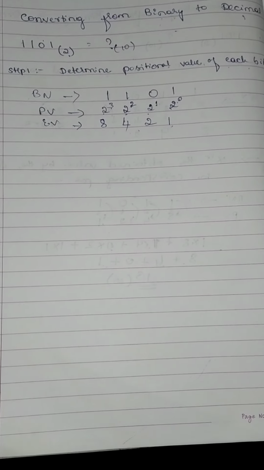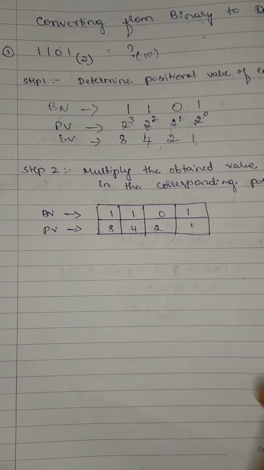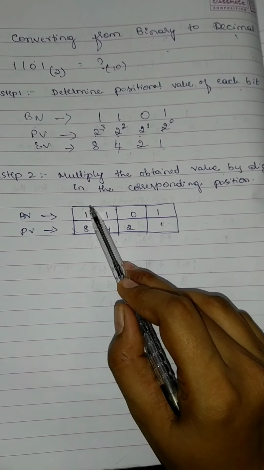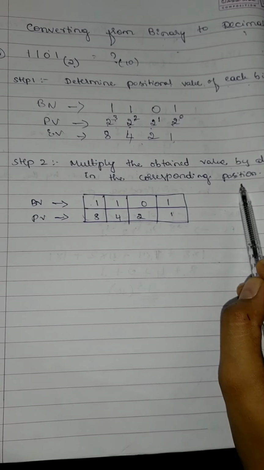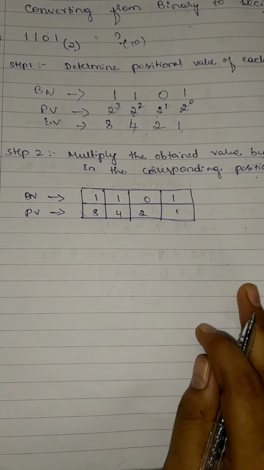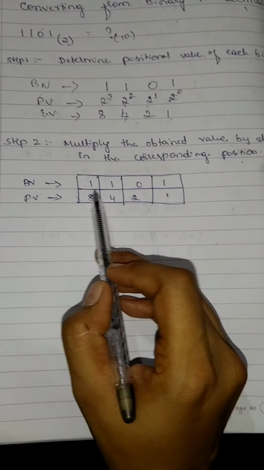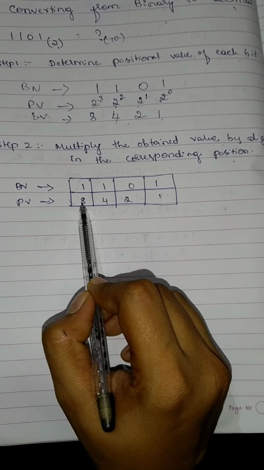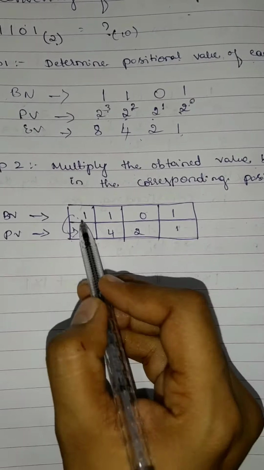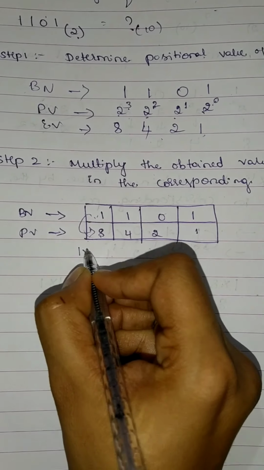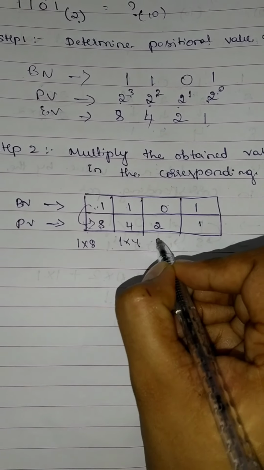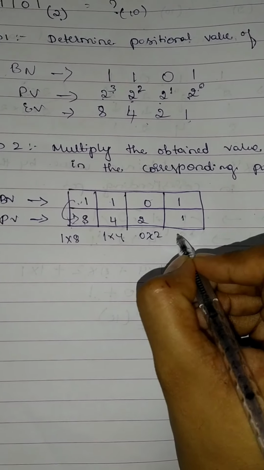What do we have to do in the second step? In step 2, we multiply the obtained value by the digit in the corresponding position. After getting the positional values, we multiply: 1 into 8, then 1 into 4, 0 into 2, then 1 into 1.